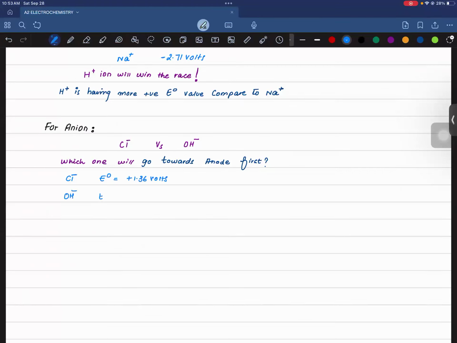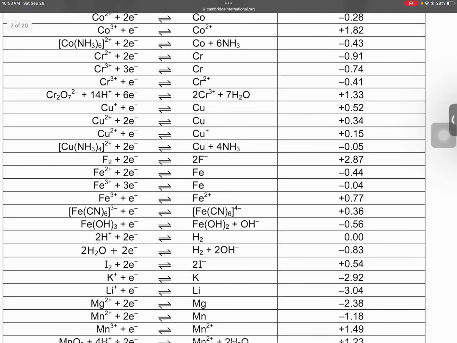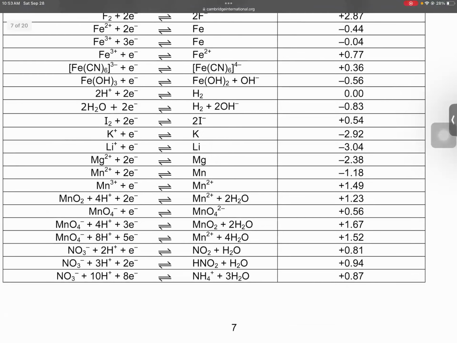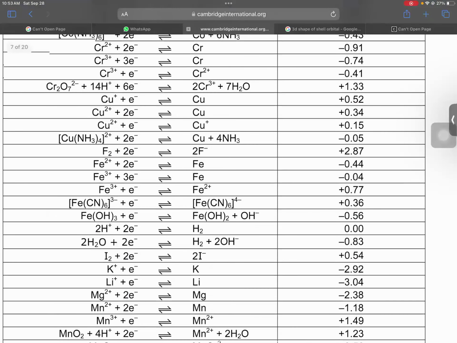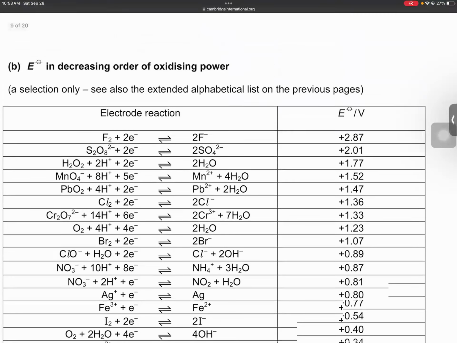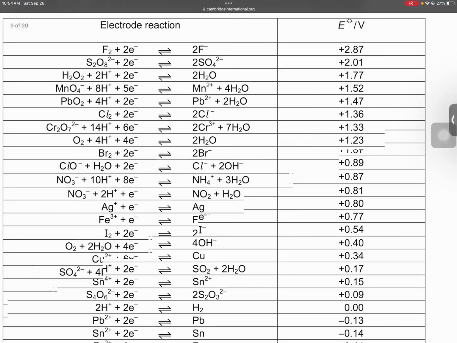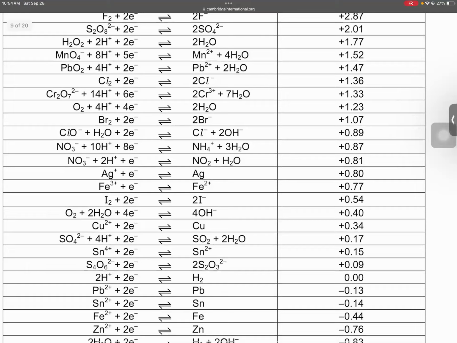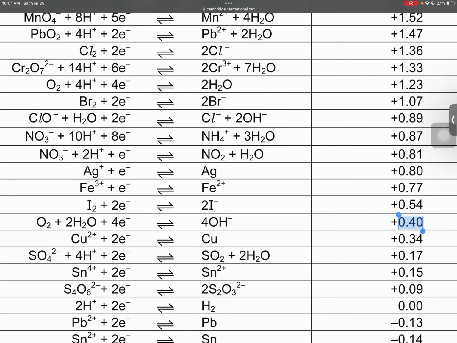And for OH minus, the E naught value is, wait. Yes, this is OH minus, positive 0.40.